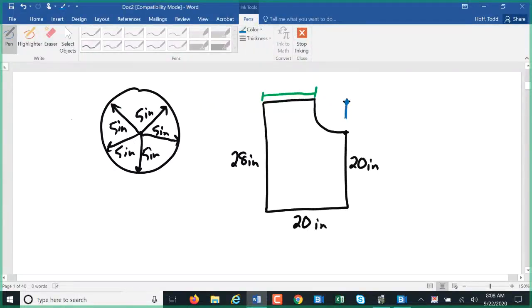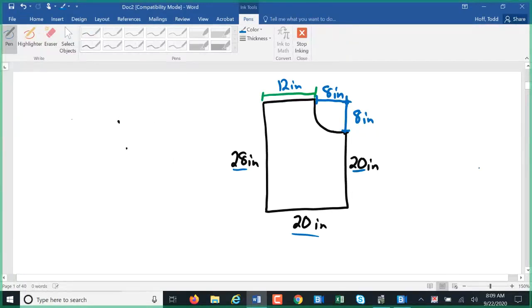This distance from the center to here is the difference between the 20 and the 28. That's 8 inches. Well, if the radius is 8 inches in that direction, it has to be 8 inches here as well. So now I can use that to find that this has to be 12 inches. Those have to add up to the 20 inches total.